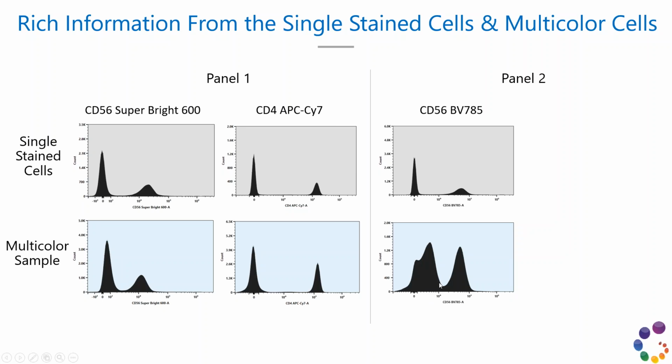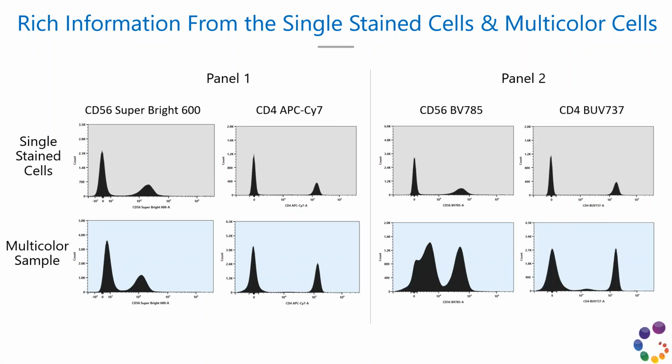My negatives are getting really broad, they've shifted, and it's much harder to gate between my CD56 positive and negative cells. And I probably won't be able to live with that in my panel. So for this particular reagent, I might want to consider moving CD56 to something else so that I can maintain this nice resolution that I was seeing in the single stain sample.